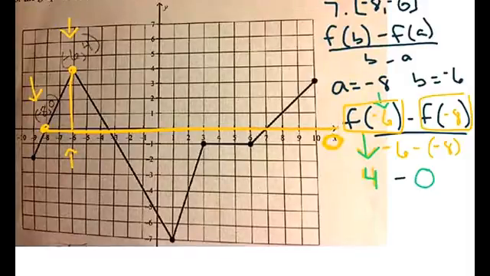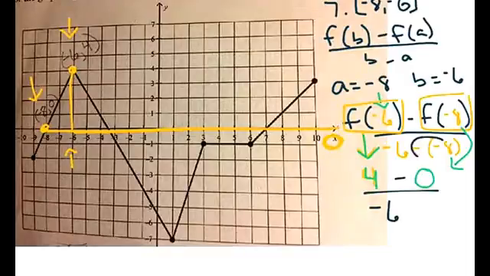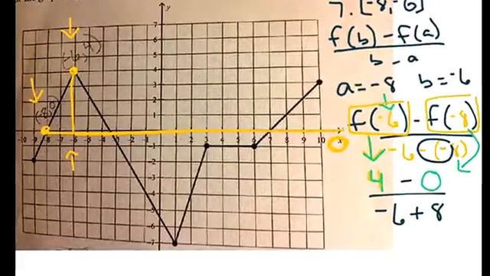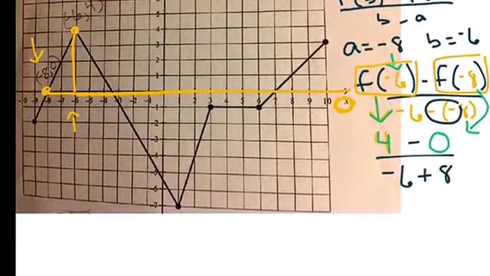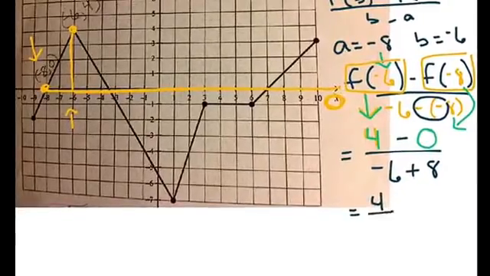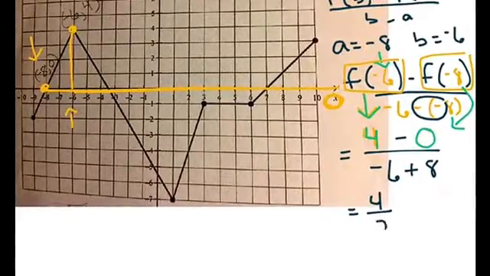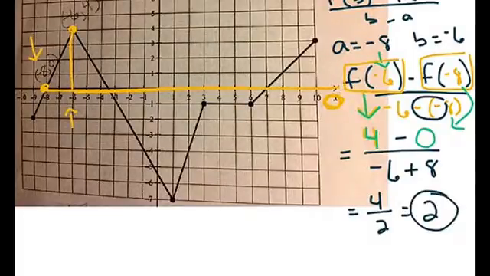So I am going to plug 0 in for f of -8. Then I'm going to bring down the rest of the problem. I'm going to go ahead and look at that minus and negative and make that a +8. And now we're right back at the simplification process. Okay, so 4 minus 0 is 4. -6 plus 8 is 2. And that simplifies to a rate of change of 2.